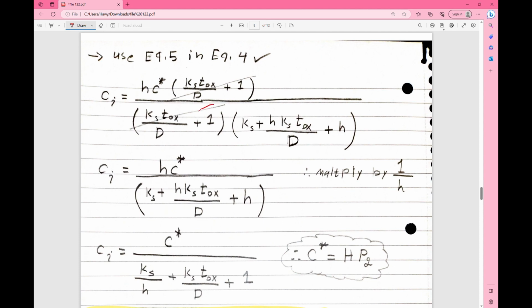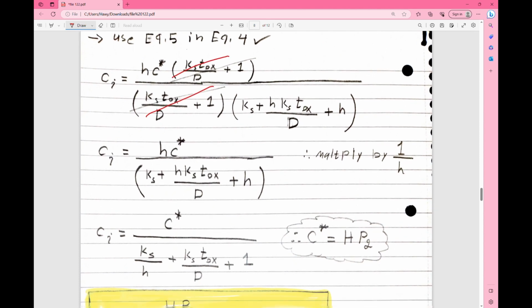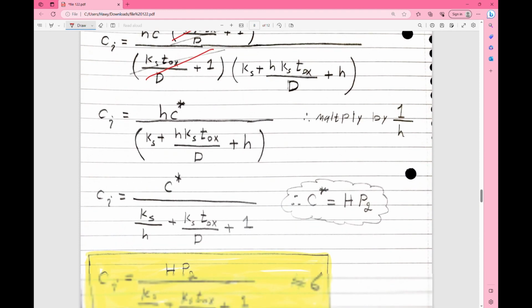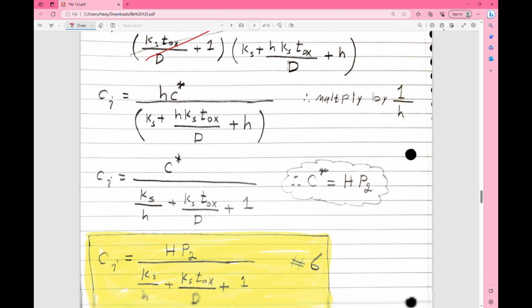This part will be gone, this part will be gone. Now multiply by 1 over H. H here will be gone. Ks over H will be, this will multiply by H. This H will not exist, so it will be the normal situation, and here will be just left 1.